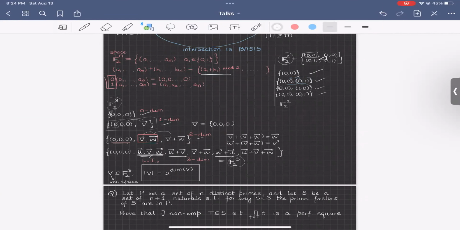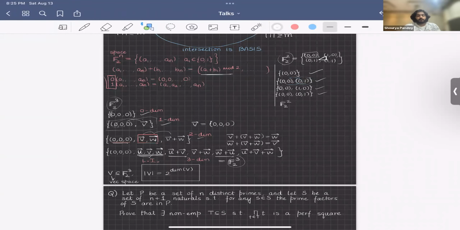I have some idea that how this might be related to linear algebra. Basically, we have n distinct primes, so we can consider n-length tuples, where the first place is governed by P1, the second by P2, and so on up to Pn. The set P is basically, for P1, the element is 1, 0, 0, everything else 0.